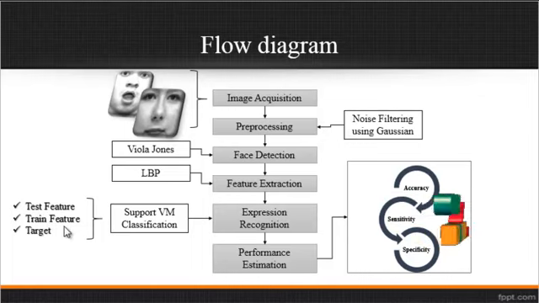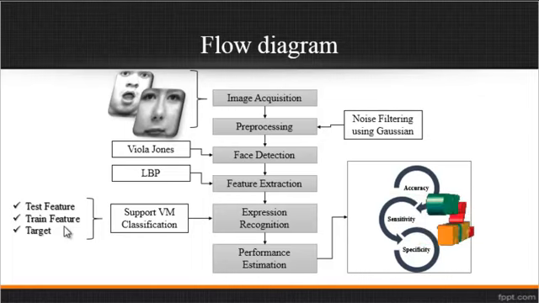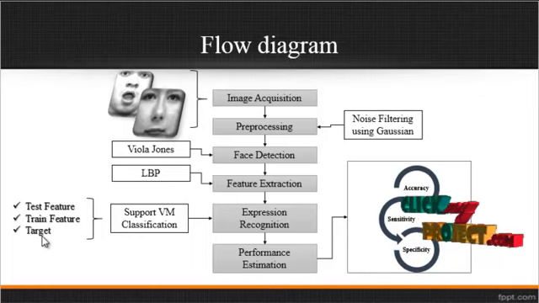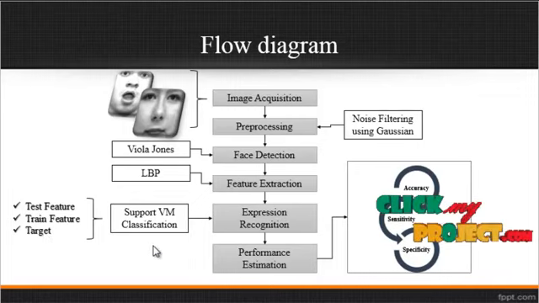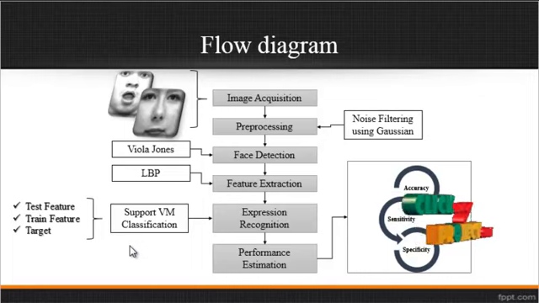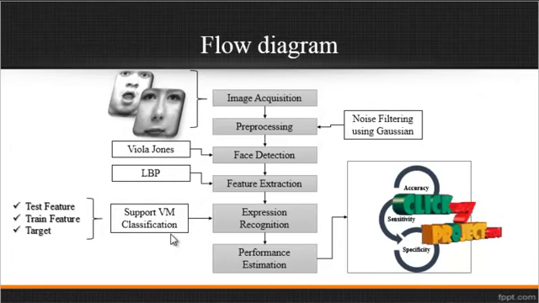For example, if I have a dataset of 50 images, the features of all 50 images are taken as train features. In the target, we represent the activity of the humans, that is, the expressions. After giving these three as input to the support vector machine, the output will be in label format. By this label we can determine the expression of the person.